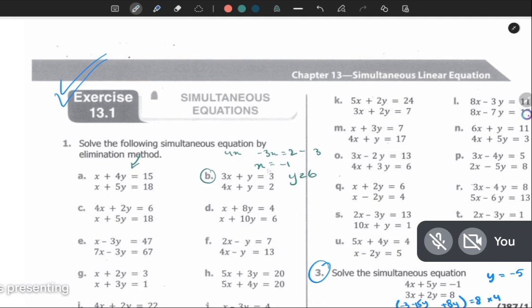हम इसको थ्री की जगह अगर हमने x की जगह -1 डाला तो क्या हो जाएगा? 3 multiplied by -1 is now -3. -3 and y की जगह 6, right? So what is -3 plus 6?